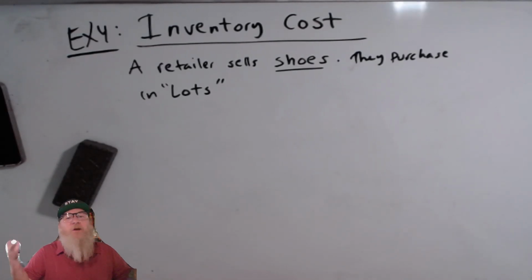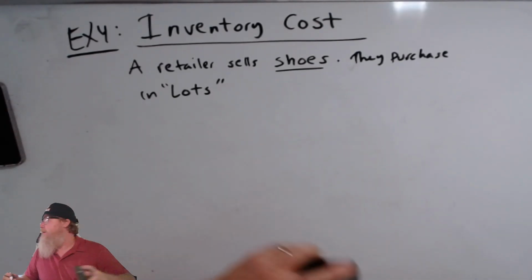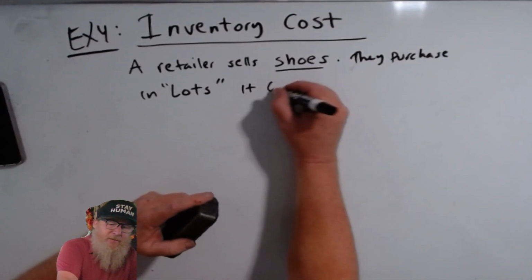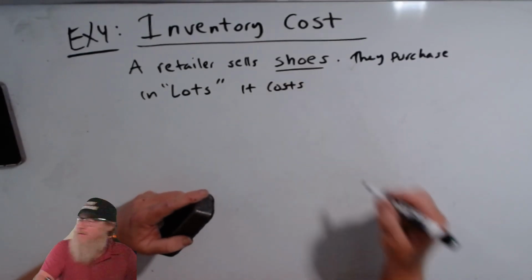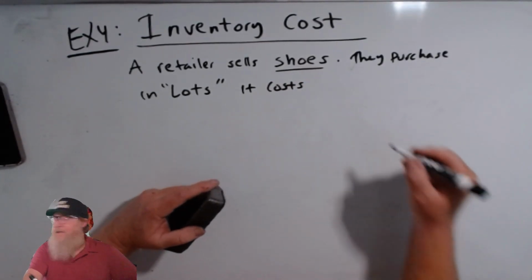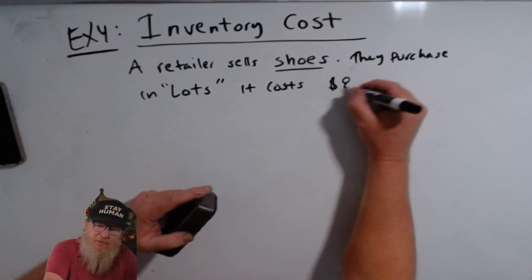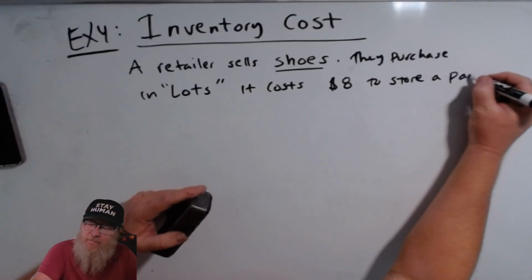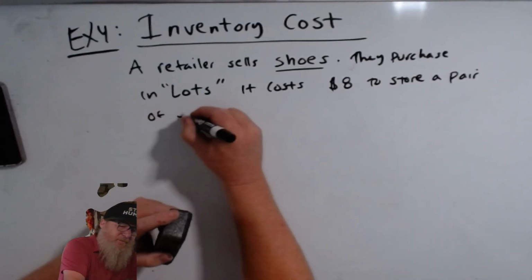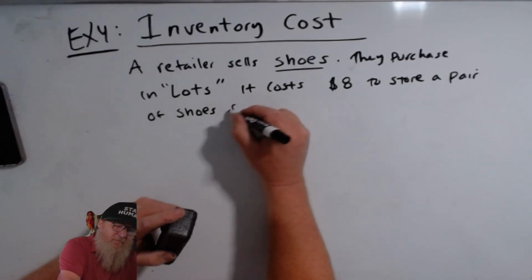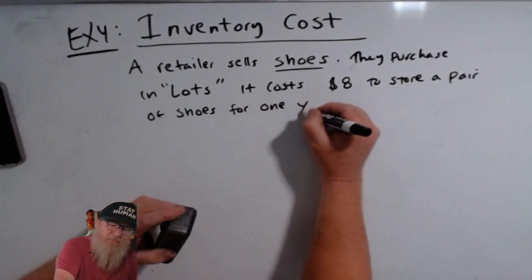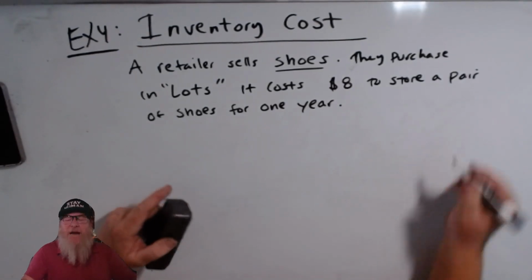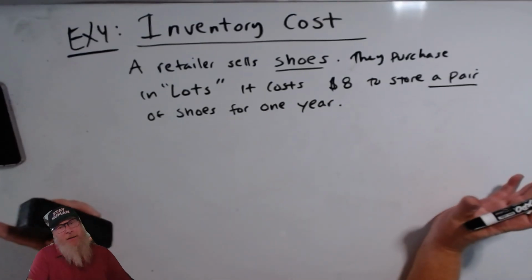It's an order of a bunch of pairs of shoes. It costs $8 to store them for 1 year. All right, $8 to store a pair of shoes for 1 year.